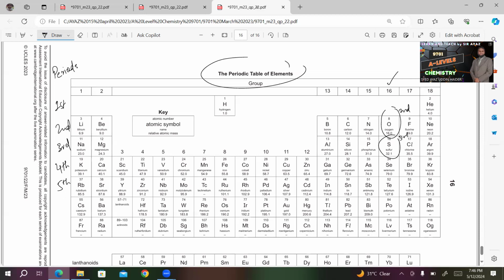So oxygen must be having fewer shells as compared to sulfur, which means there will be less shielding of incoming electron or outer electrons. Oxygen also have lower nuclear charge than sulfur. That's why it has greater attraction for the incoming electrons by the nucleus. The main reason is that it has fewer shell and there will be less shielding of outer electrons.